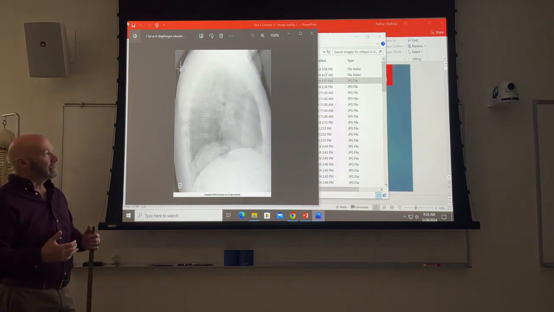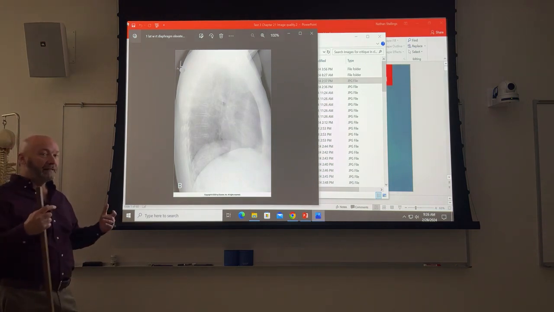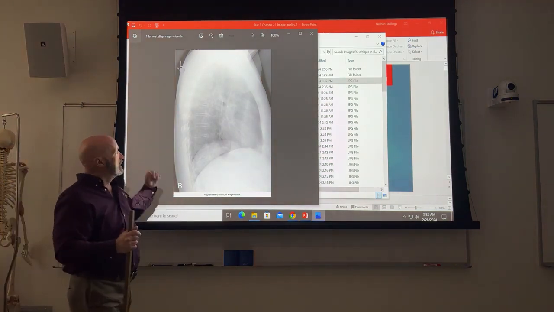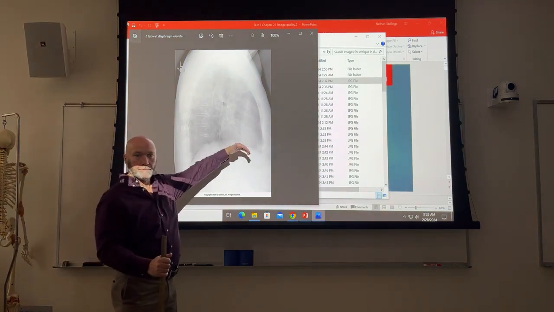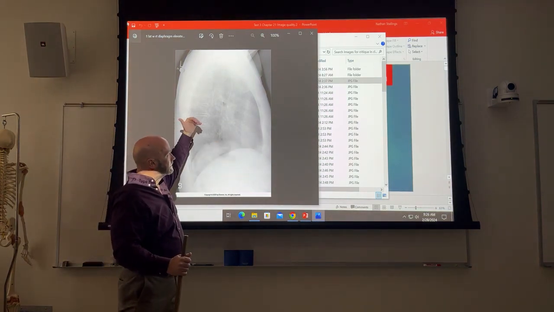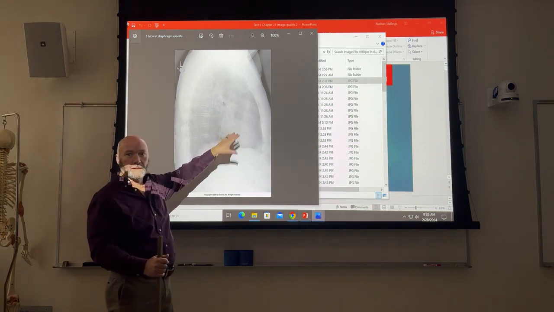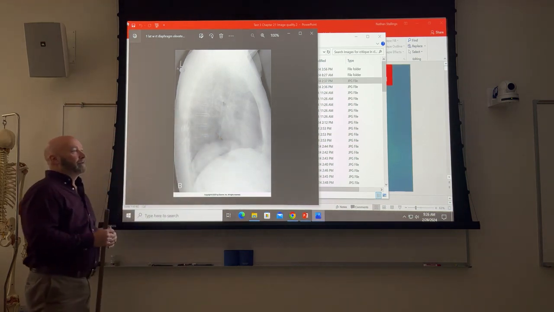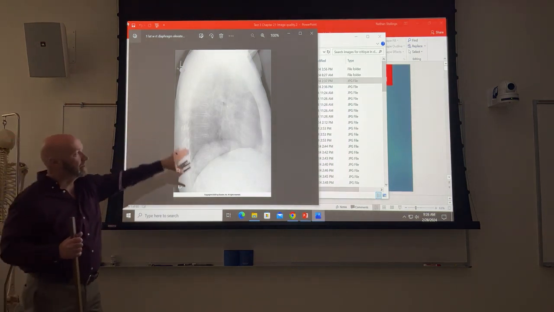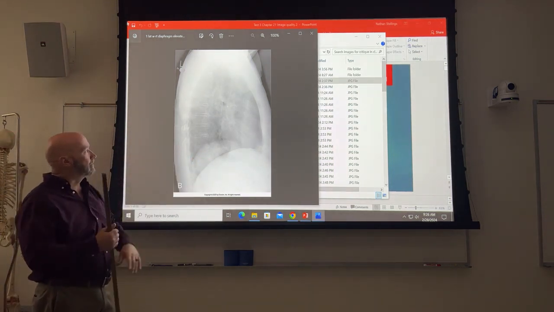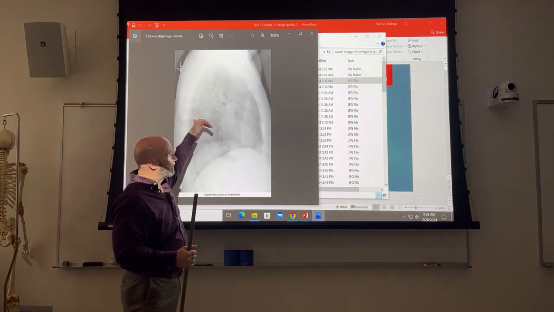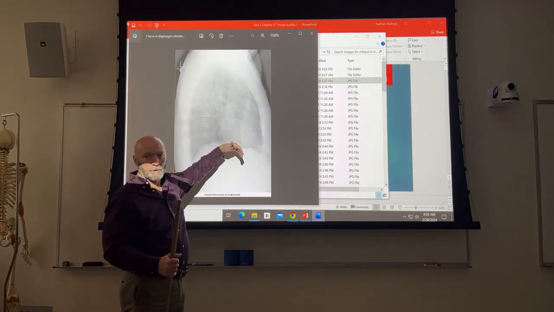The problem with the lungs is we have such high tissue contrast in that we've got ribs, which are bone, and not just soft tissue, but soft tissue filled with air in the lungs, right? So if this was very high contrast throughout the entire image, the ribs would be very prominent.